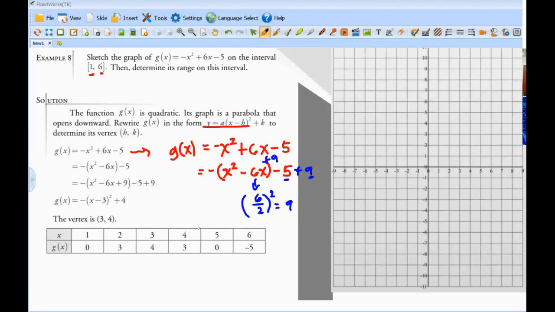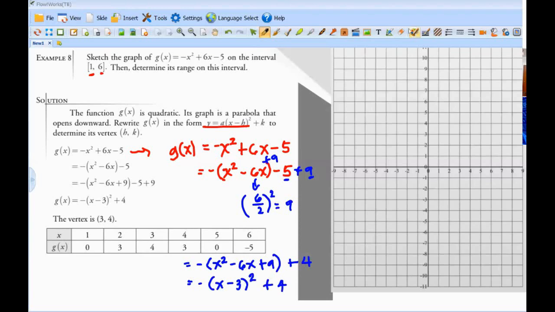So we can write negative x squared minus 6x plus 9, because you will add 9. And negative 5 plus 9 is positive 4. Since this is already completed, we will write it in this form: negative x minus 3 squared plus 4.